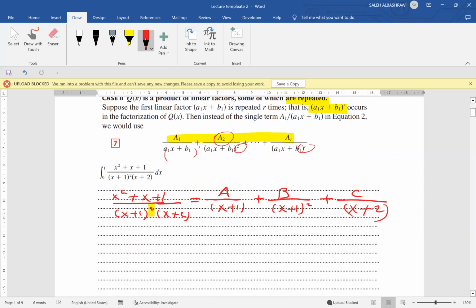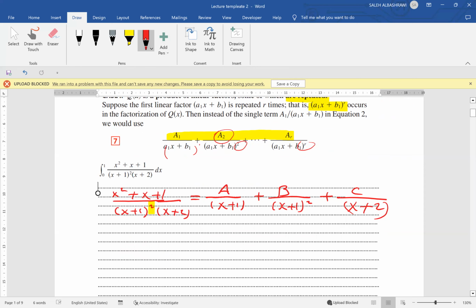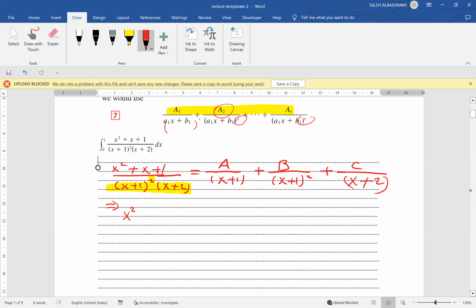As we did in the first part, if we multiply the equation by the denominator, we will have x squared plus x plus 1 equal to A times, since this x plus 1 will cancel one of the power, A multiplied by x plus 1 times x plus 2.